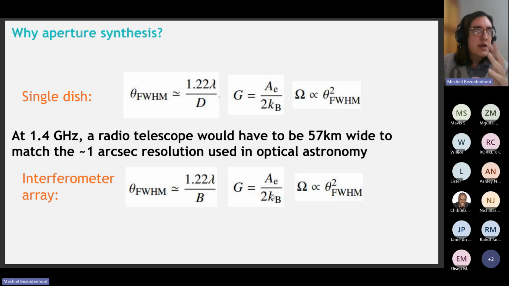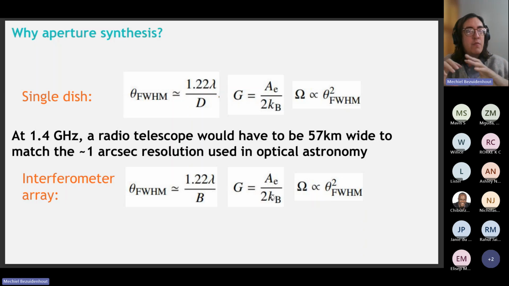The bigger the beam that you have, the quicker and more efficient it's going to be to cover the whole sky. With an interferometer, the field of view is inversely proportional to the diameter of one dish.